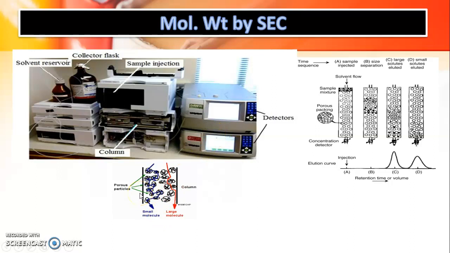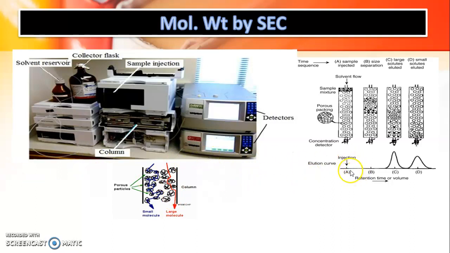So for size exclusion chromatography, we can see the red arrow represents the large molecule and the blue one is the small molecule, and the larger molecule will elute first. Okay, look at the curve here.